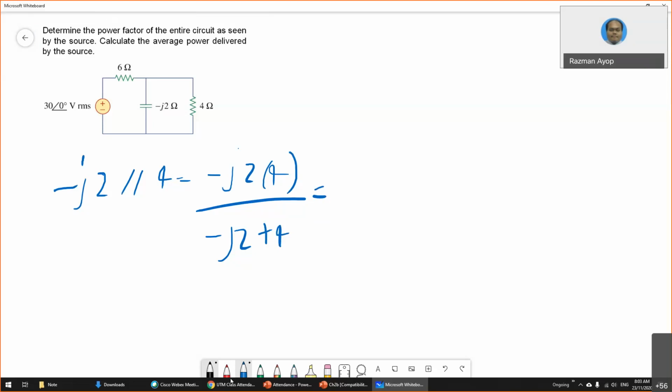So use your calculator to get the answer. You get 0.8 minus 1.6J.